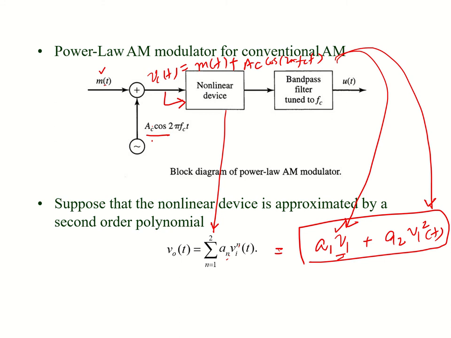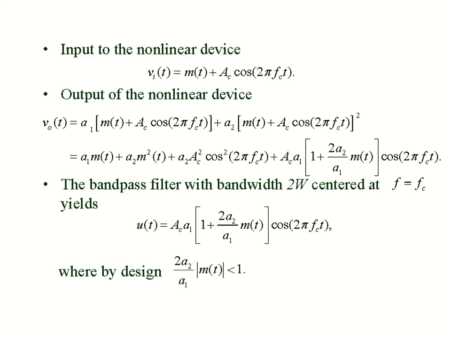Now let's see what will happen and what the output will be. Let's define this output as V output of this nonlinear device. Just put the input here, and the square of the input here. This is my input times a1, and this is the input squared.